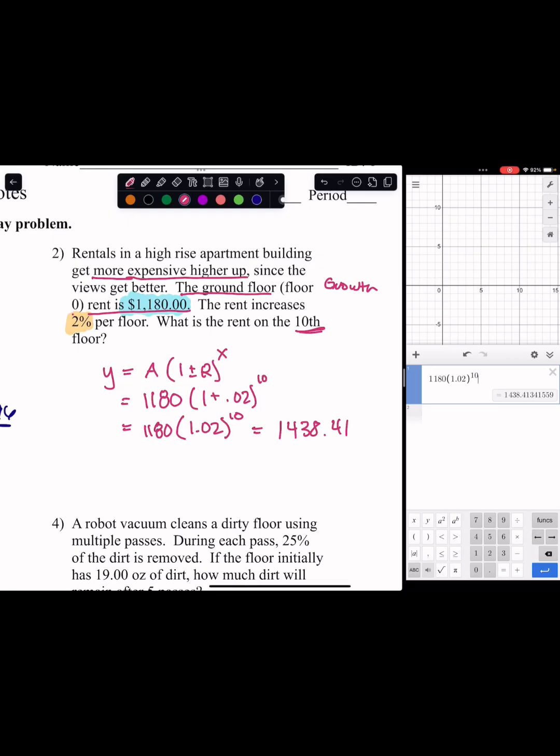Ooh, how much would that rent be? 20th floor, that'll put you at 1,753. What if they had a 100th floor? How much would that rent be? Oh, geez, 8,548. So with your rent going up 2% every floor, the higher you go, the more you have to pay. All right, enough of that one. Let's get to the next one.